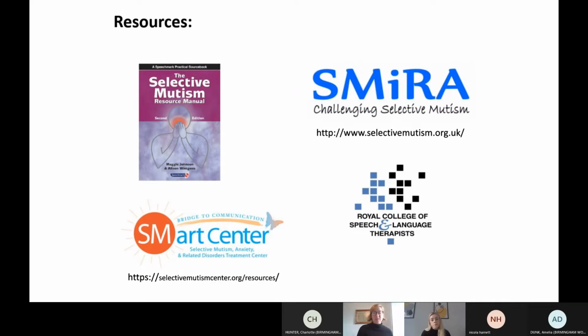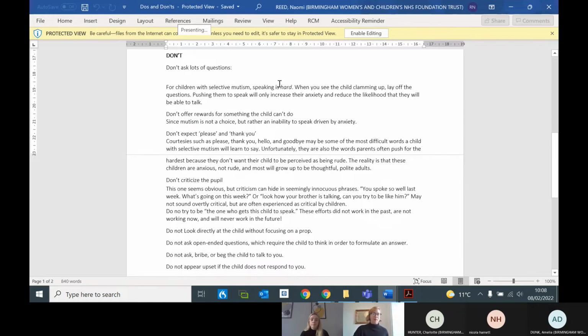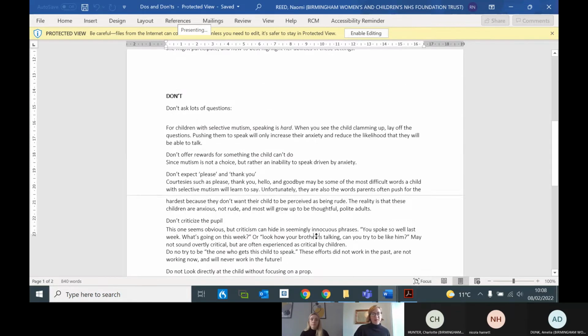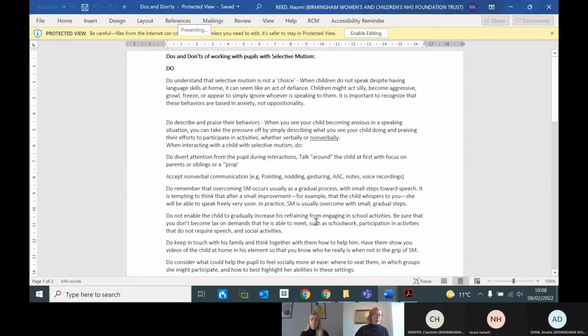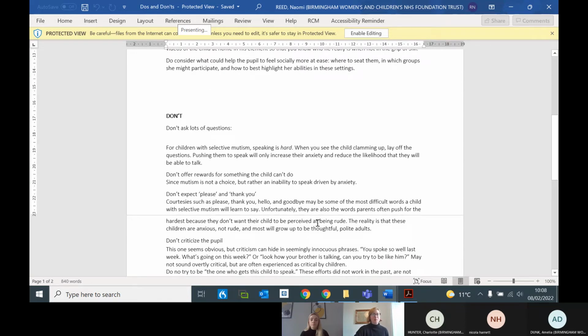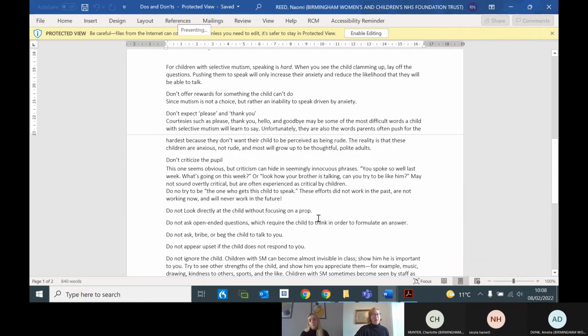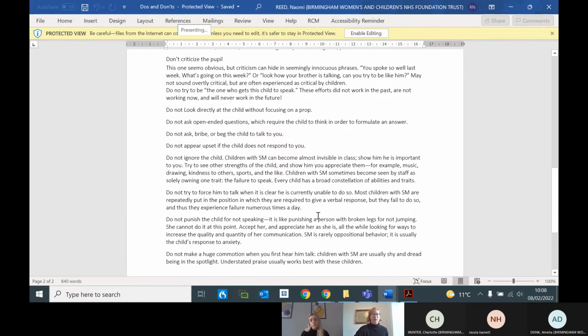There is the Smart Centre, there's SMERA as well, so that's selective mutism, I can't remember what the acronym stands for, and there's also the Royal College of Speech and Language Therapists. Ideally, you try and do as much training as possible with people in the child's network, but this is quite a good handout or first place to start with that kind of thing.